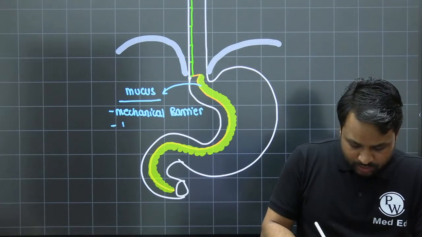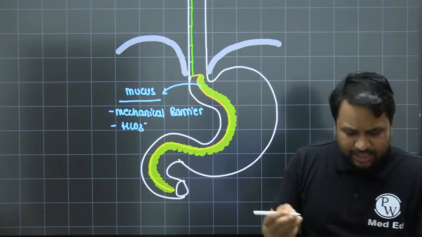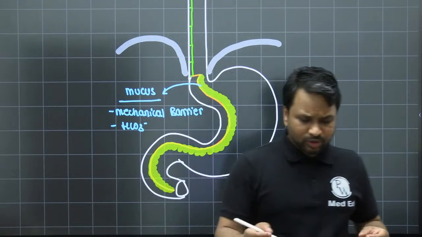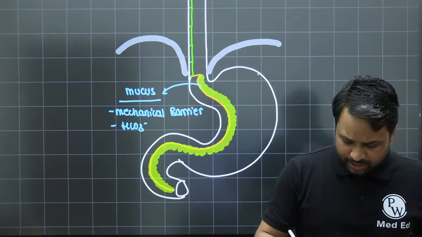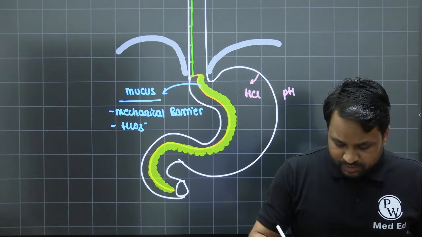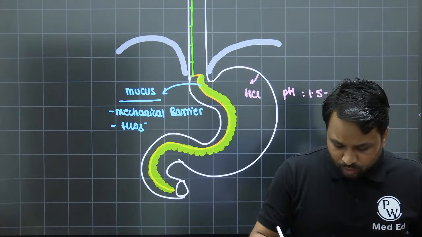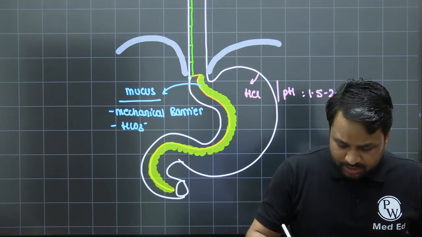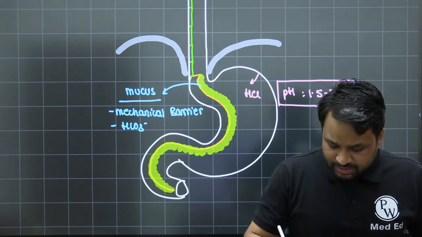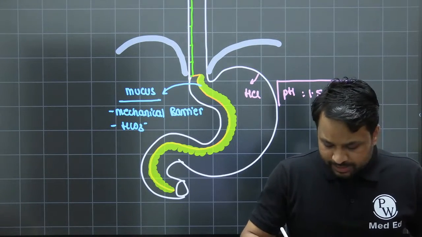Secondly, mucus is also rich in bicarbonate, which can neutralize the acid produced by the stomach. As we all know, the stomach is going to produce hydrochloric acid. Now this hydrochloric acid is the reason why you have a pH of the stomach between 1.5 to 2. Such an acidic pH in the stomach is only because of this hydrochloric acid which is produced by your parietal cells, right?